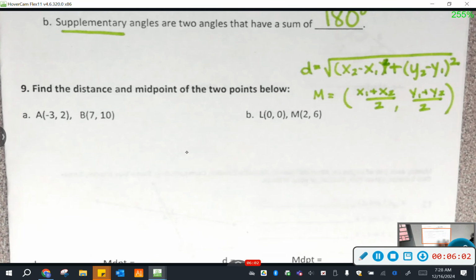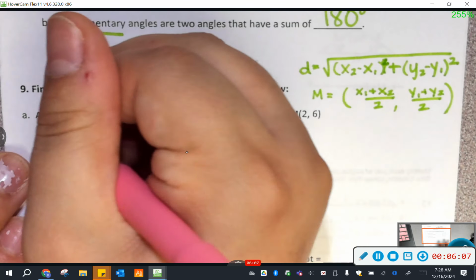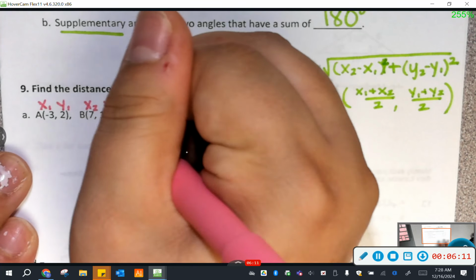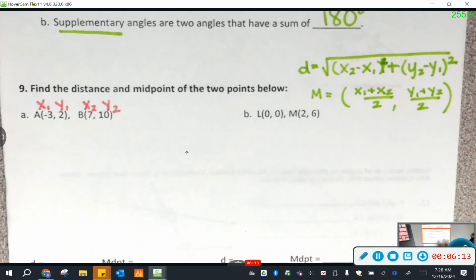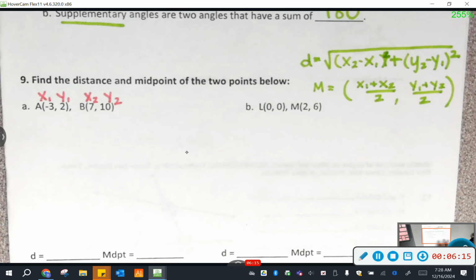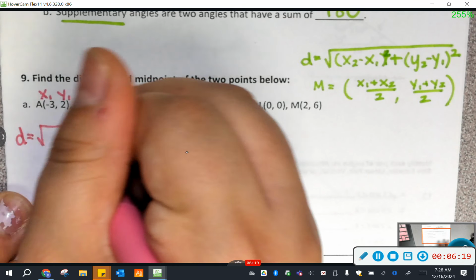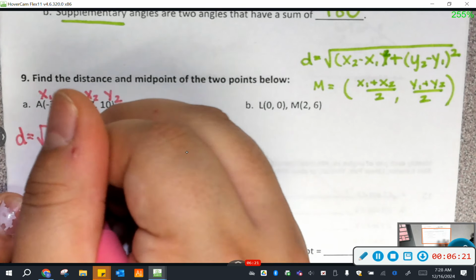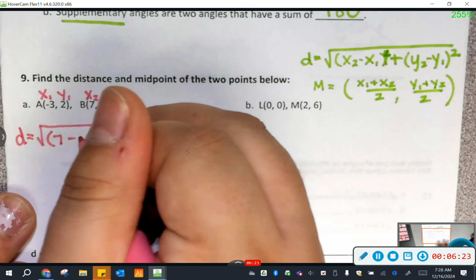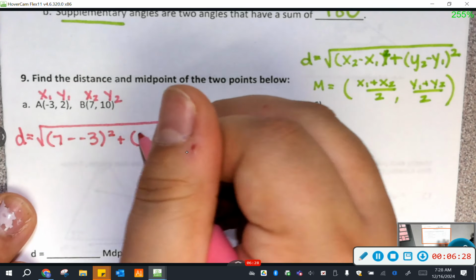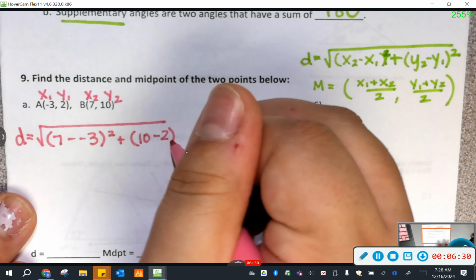All you now have to decide is what is your x1 and y1 and your x2 and y2, and plug that into the formula. x2 minus x1 squared plus y2 minus y1 squared.